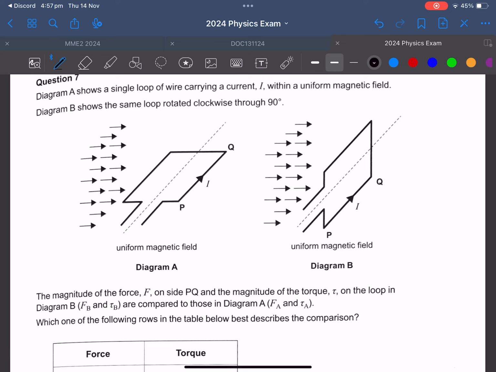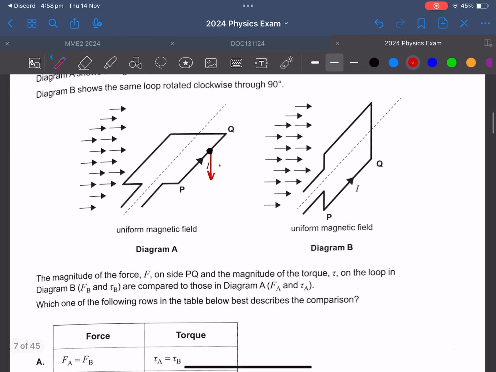So you will notice that the current, or the thumb, is pointing at the front, just in front of you, and then our force would be going downwards. So at this point, let's say our force is going downwards like that, and this is our force.